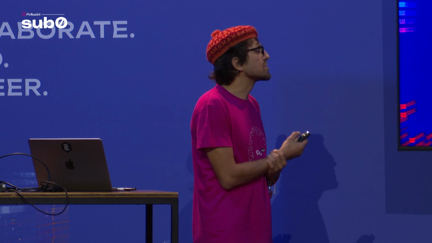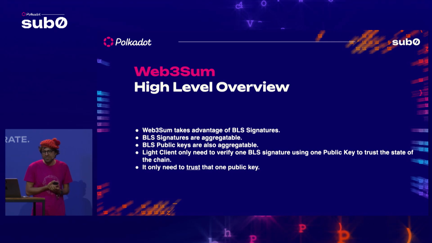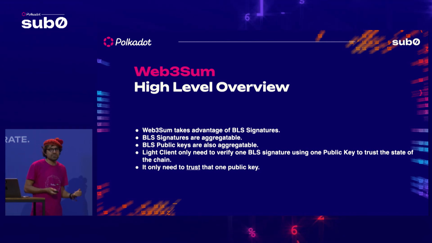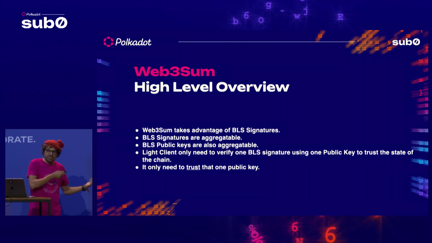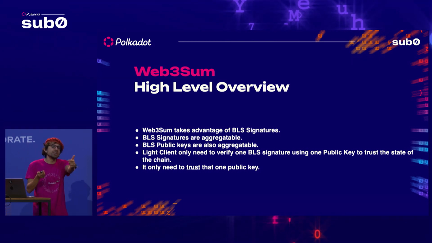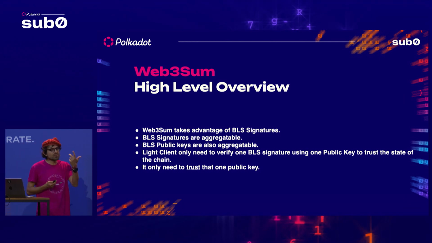So how does it work? At a high level, it uses BLS signatures. That is not very surprising because BLS signatures are aggregatable. Instead of having many signatures, where in the random sampling algorithm you had to go and say, give me this signature that you said you have, and then verify it, you aggregate all of them and get one signature.